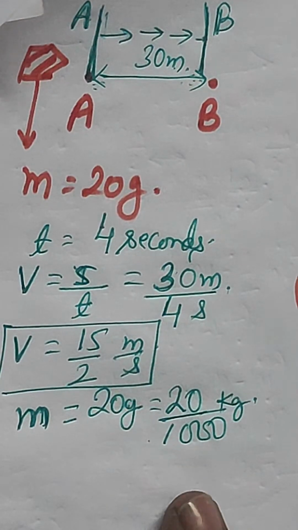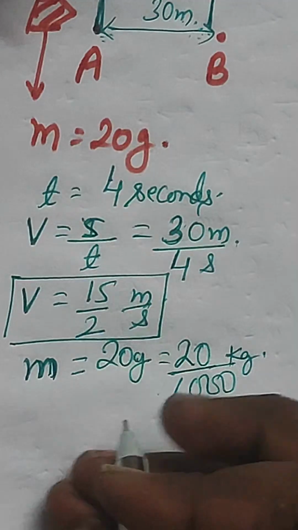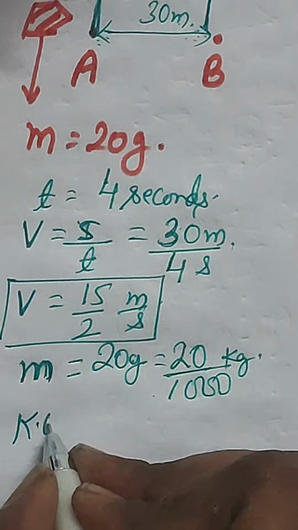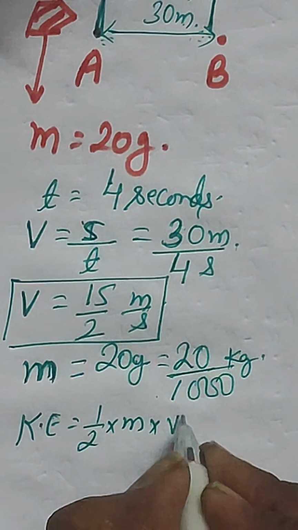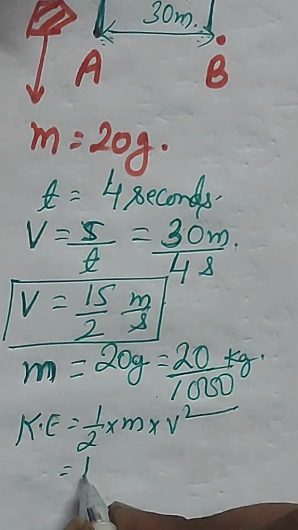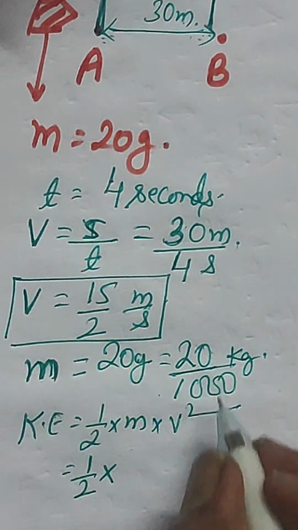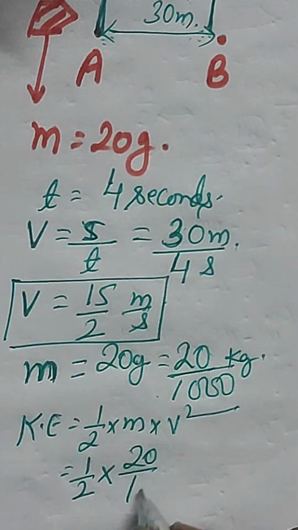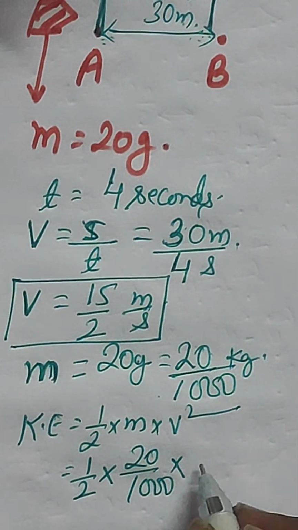Now what will be the kinetic energy? It's very simple. Kinetic energy is half into m into v square. So what is the value of mass? Half into mass. Mass is 20 by 1000, right, into v square. What is the value of v square?